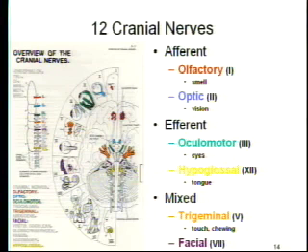When you smile, when you frown, when you do all those other good things with your face, you're using the facial nerve to do it. So again, you've got these highly specialized cranial nerves, some of which are exclusively afferent, sensory in nature, some of which are exclusively efferent or motor in nature, and others of which, just to keep you awake, are mixed.